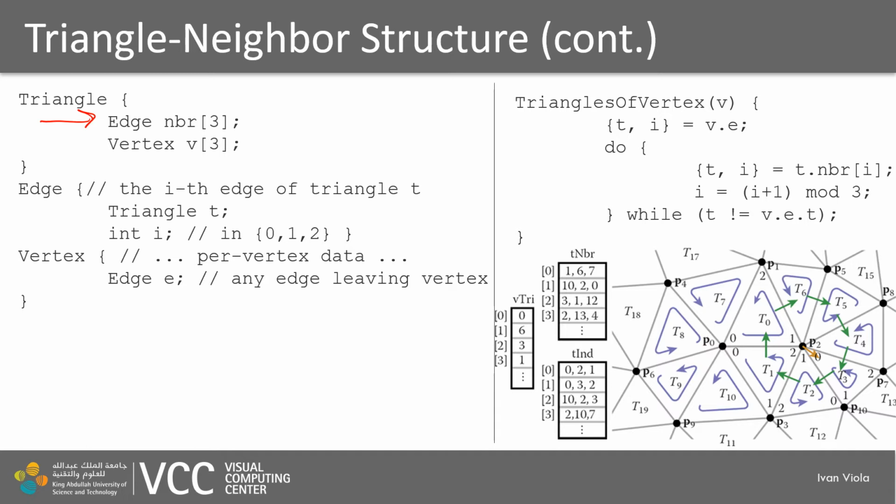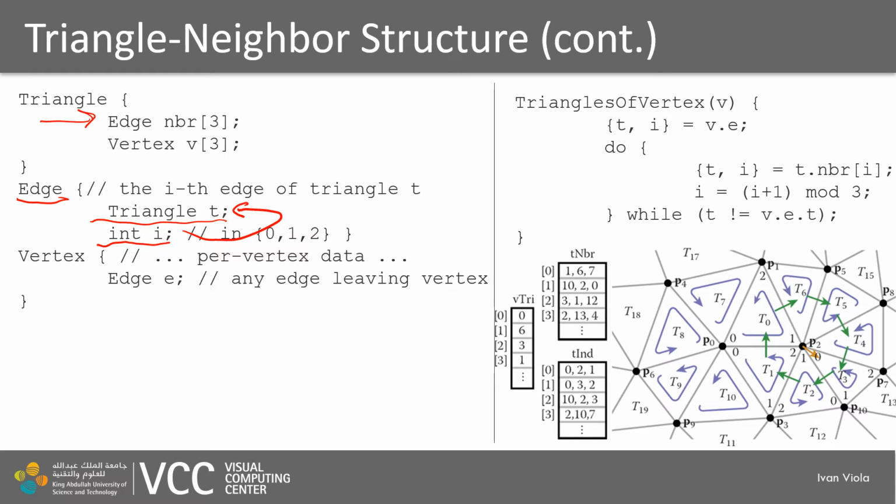Now we are changing that to being an edge data structure. In that edge data structure, we are storing the neighboring triangle, but also we are storing an index of this edge which it has in the triangle T.